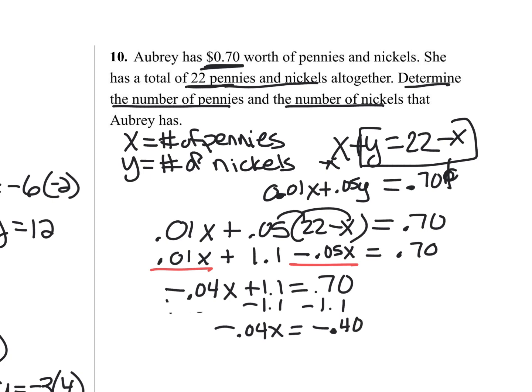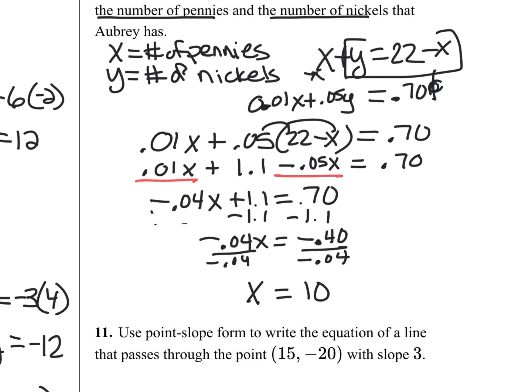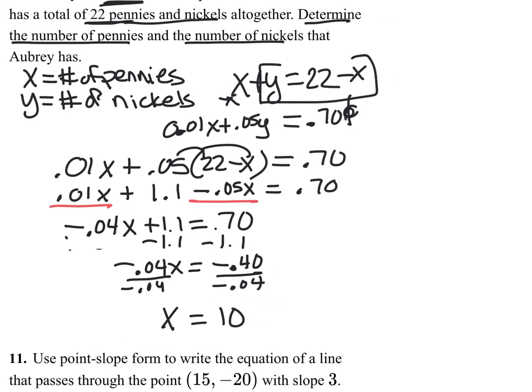This is 0.40, and this is 0.04. Then we're going to divide by negative 0.04 on both sides. Make sure you keep your decimals right. So x equals positive 10. A lot of decimals there.